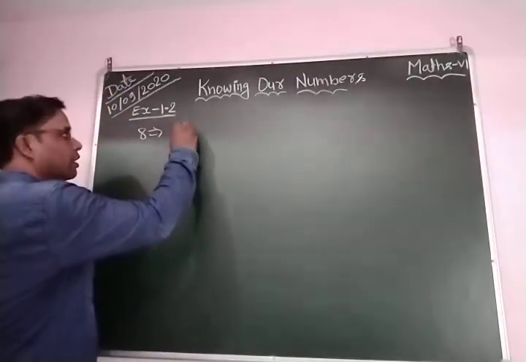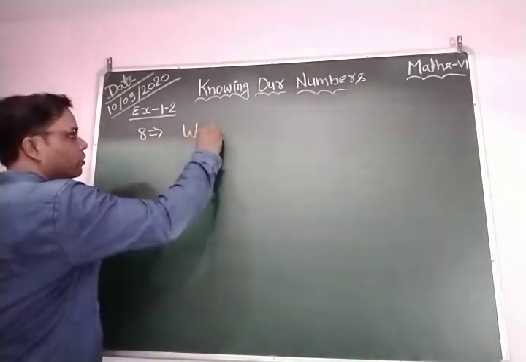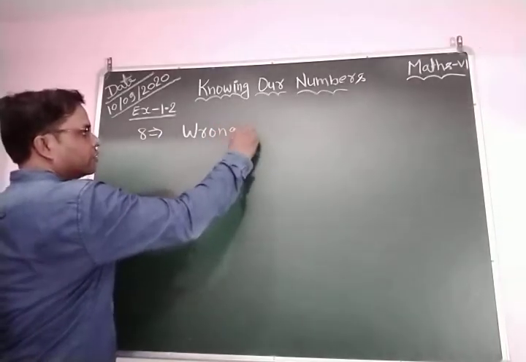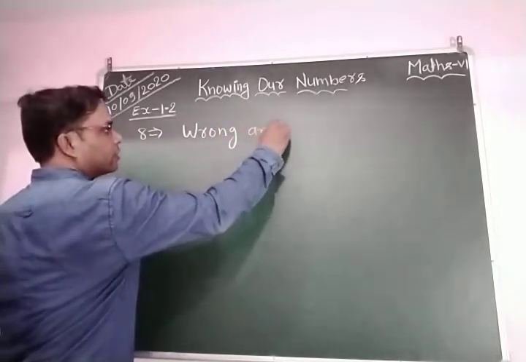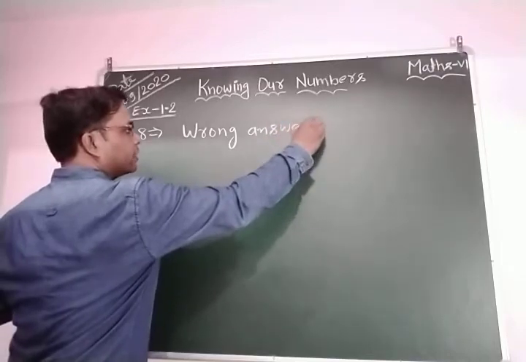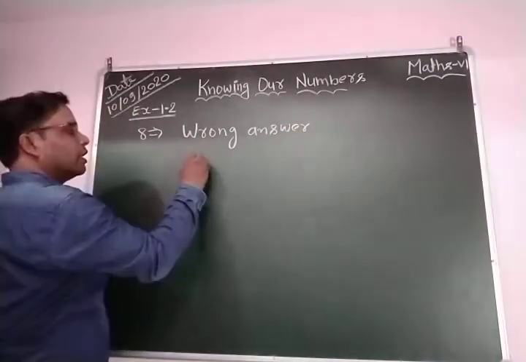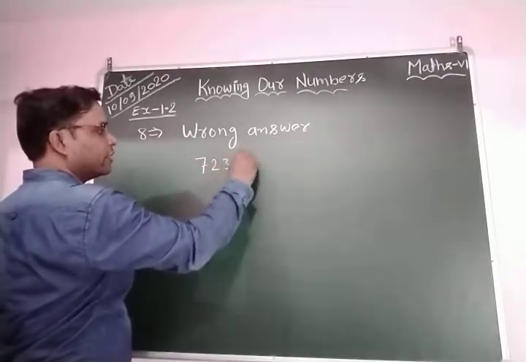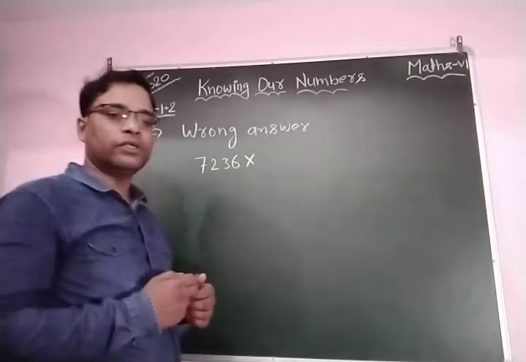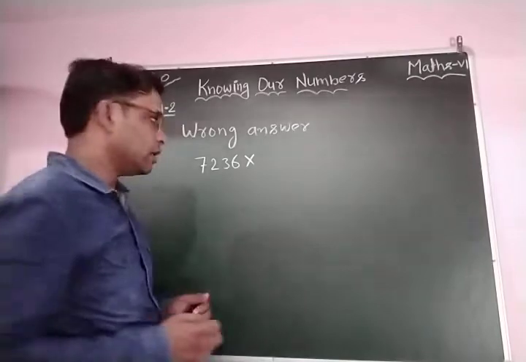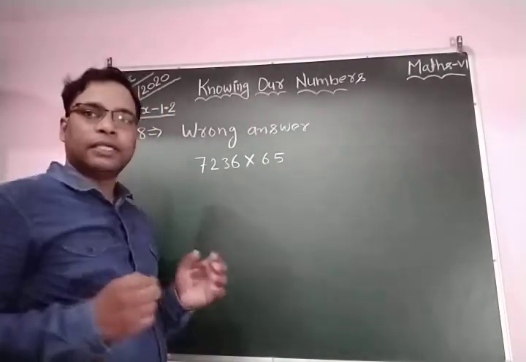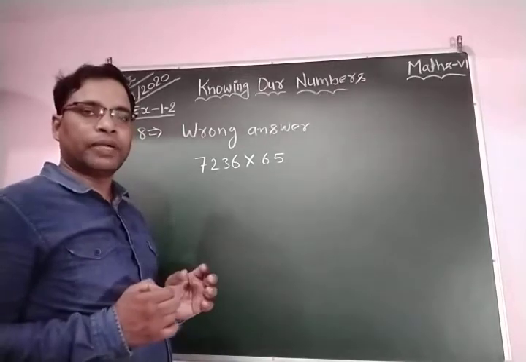Wrong answer is equal to 7,236 into 65. We needed to multiply by 56, but he multiplied by 65 by mistake.